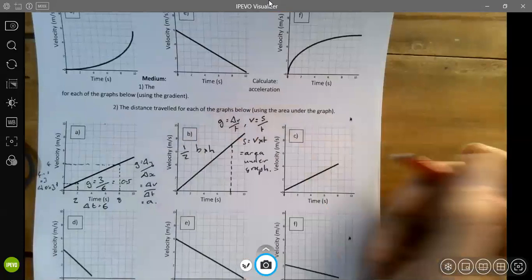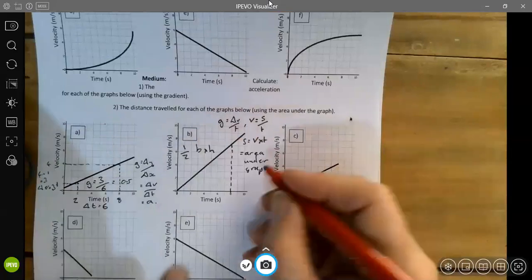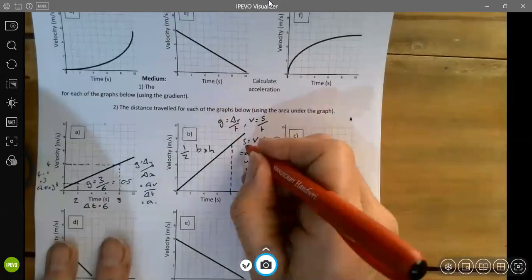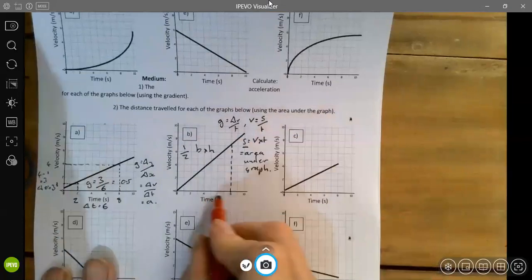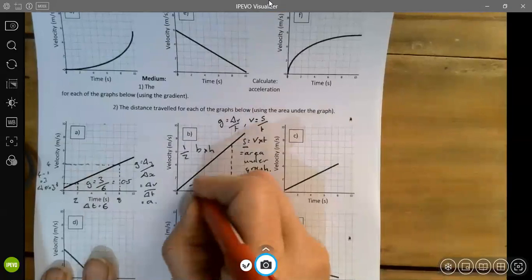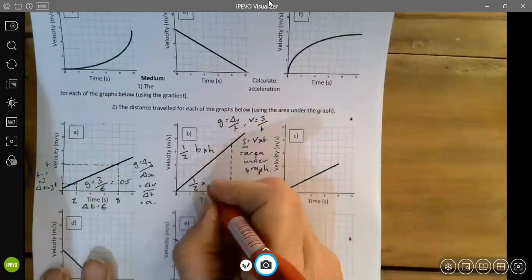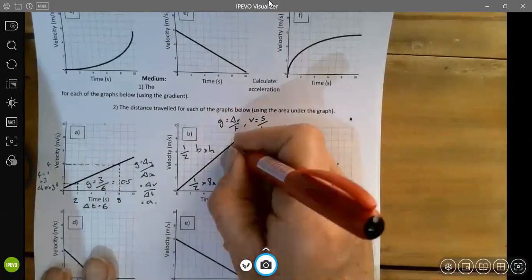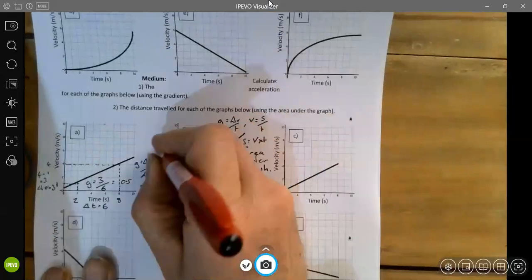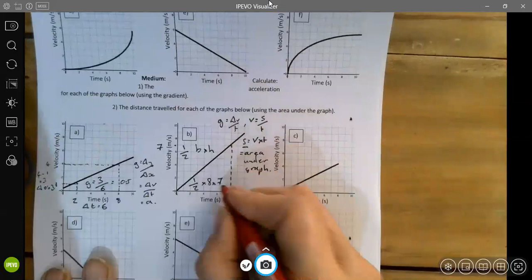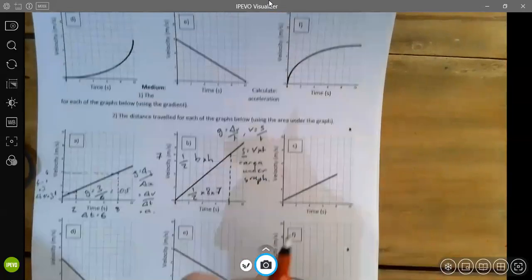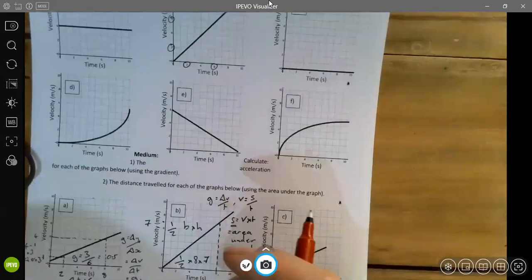So in our case, the area under the graph is equal to displacement S. So the area under here is a half times the base, which is 8, times the height, which is in our case 7.